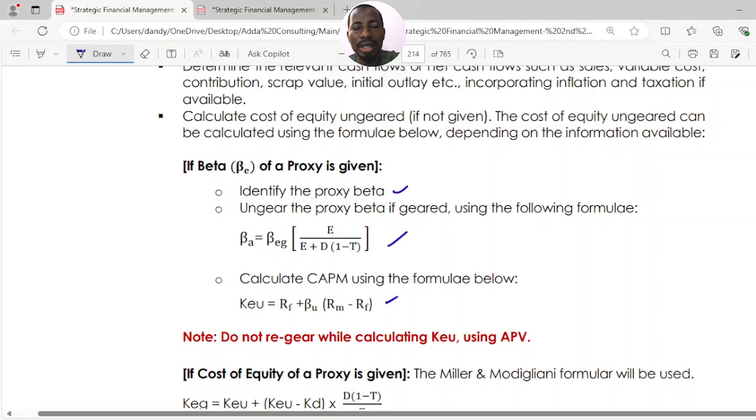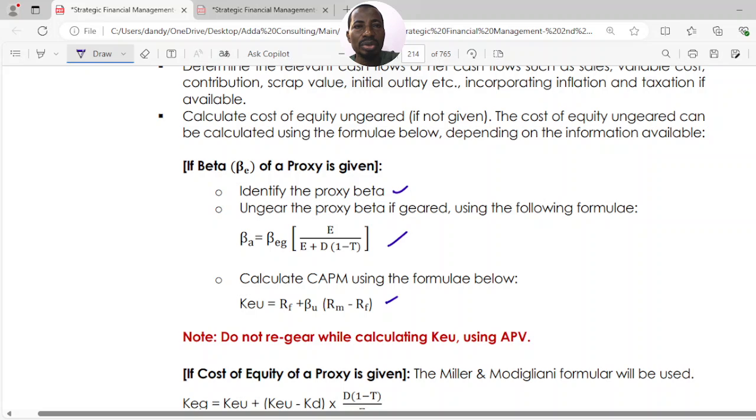Number one, you can use the dividend valuation model. Two, you can use the capital asset pricing model, and I told you the capital asset pricing model is a topic on its own. Then three, you can use the Miller and Modigliani formula.